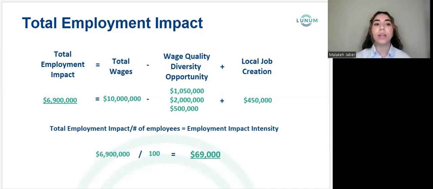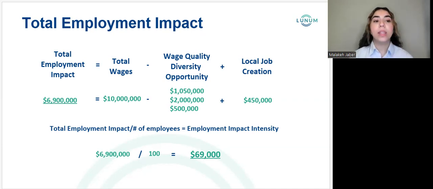That $6.9 million represents the total employment impact for the firm as a whole. But because we're looking at the firm as a whole, it's not necessarily a scalable or comparable figure. This company might have 1,000 employees, which might throw these calculations off.